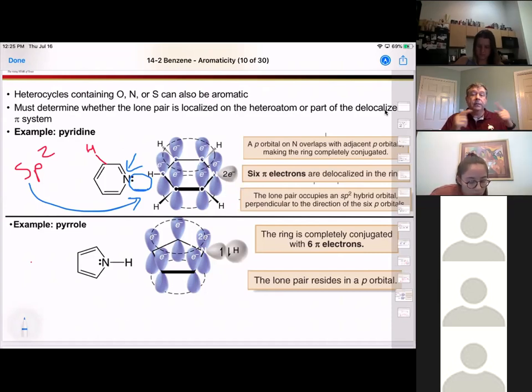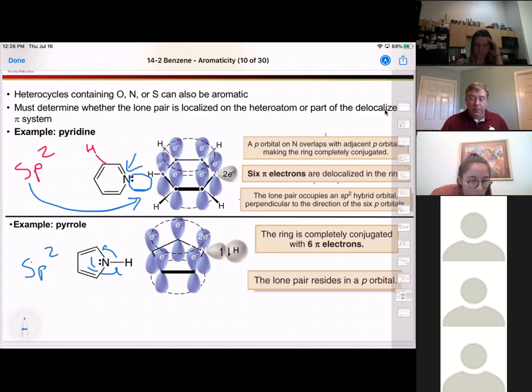Now, in contrast, let's look at our next structure here. This is also flat and planar, and notice this is 120 degrees and 120 degrees and 120 degrees. That means all 3 of those sigma bonds are the sp2 hybridized orbitals, meaning that the last 2 electrons have to be in the only remaining orbital, the unhybridized p, making both of those electrons in our p orbital, and they count toward aromaticity.